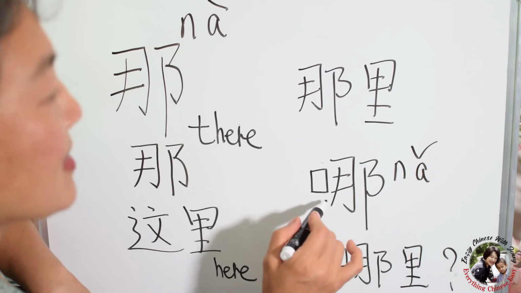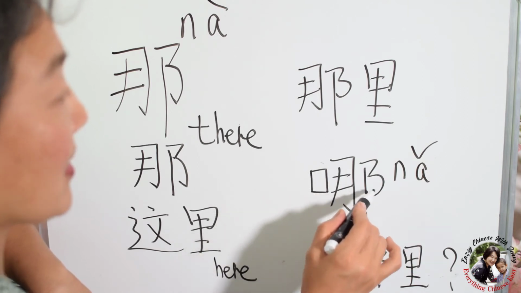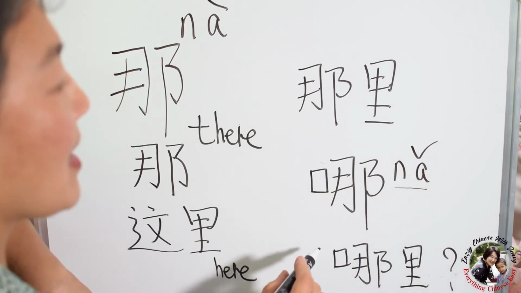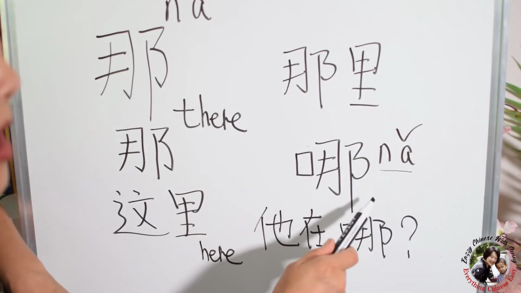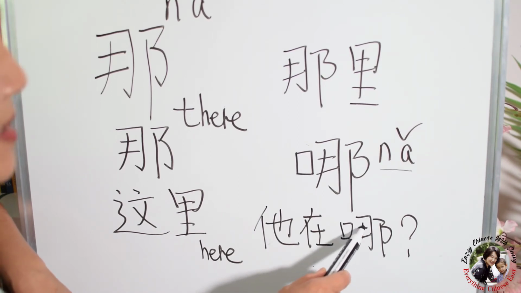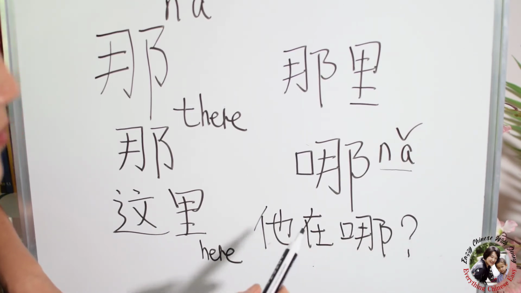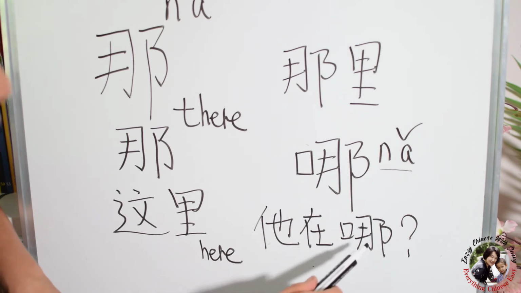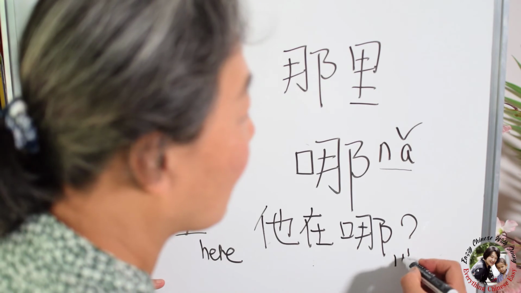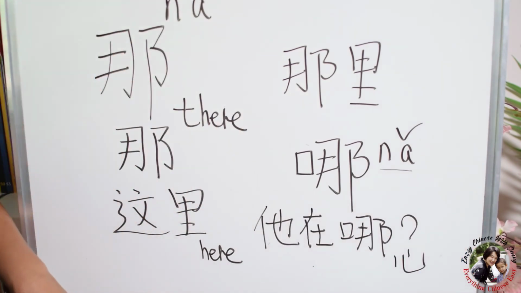Look, if we put a mouth on the left side of 那, this character is a new character. Pronunciation is nǎ. So when it is nǎ, it is always used in a question sentence. For example, if you say 他在哪儿, especially in Beijing, people would add 儿 at the end. Where is he? 他在哪儿?